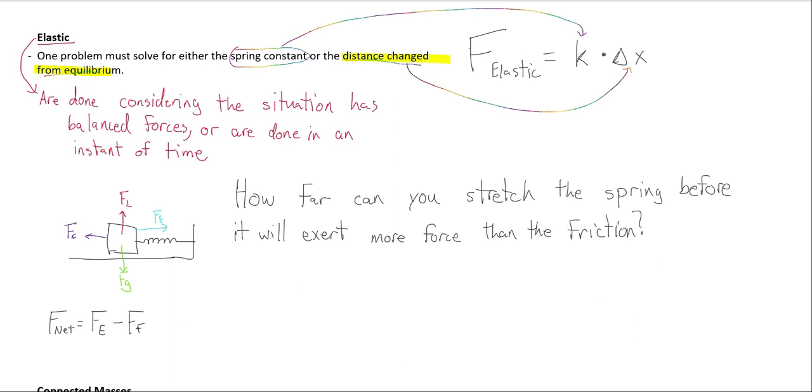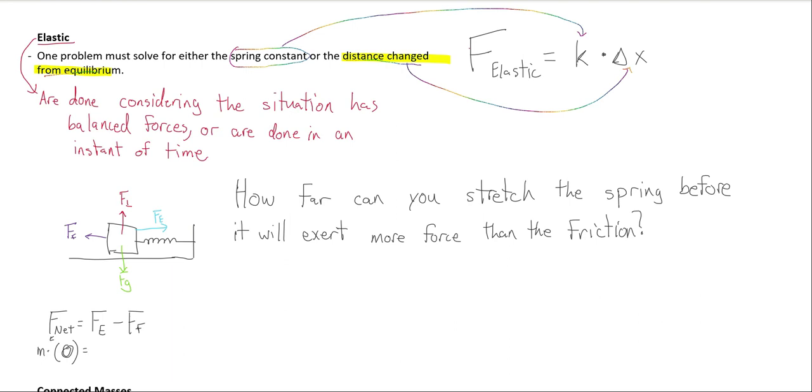Now, if I think of this question, how far I can stretch a spring, this actually considers a balanced force situation, because the last moment that the forces end up being balanced is that tipping point, right? That tipping point of how far. So balanced forces tell me that my acceleration is 0. So I'll have the mass of this object times an acceleration of 0.